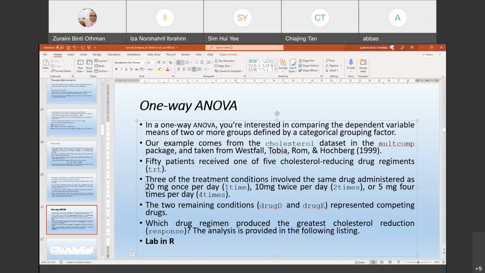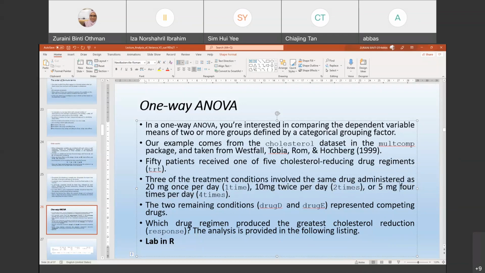The difference is taking 20 milligrams at one time, or 10 milligrams twice, so the total is 20. Also 5 milligrams four times, the total is still 20 milligrams.